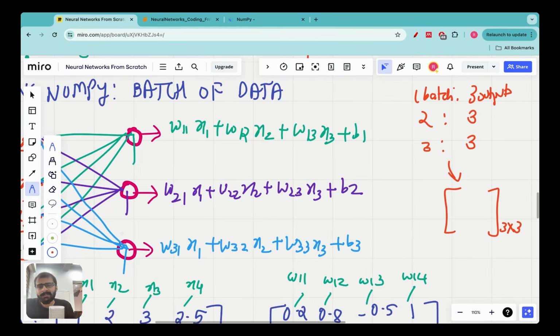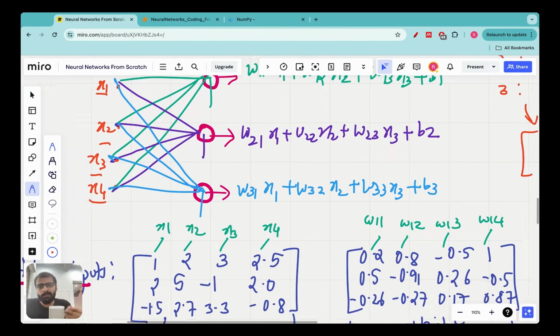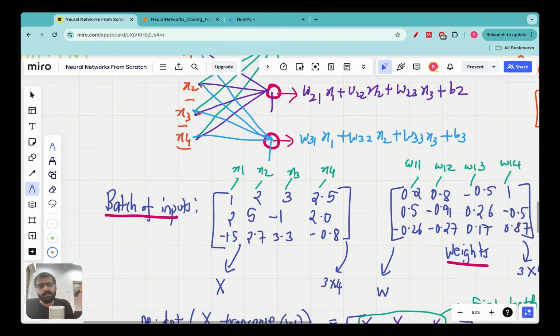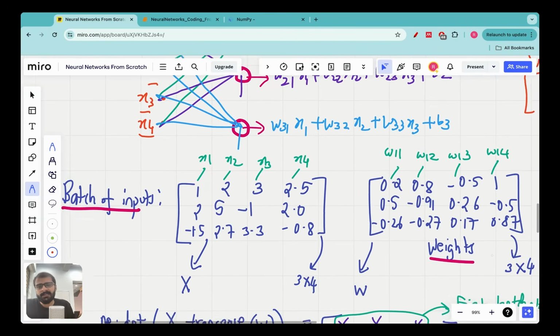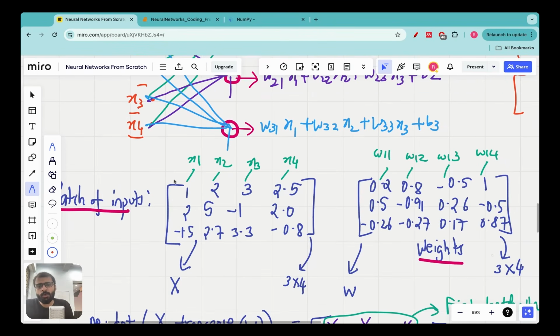So how can we represent the output from a batch of data using matrix multiplication? To understand this, first let's simply write down the batch of inputs in matrix format, and it looks like this. So the first row of this corresponds to the first batch. Let me call this B1.